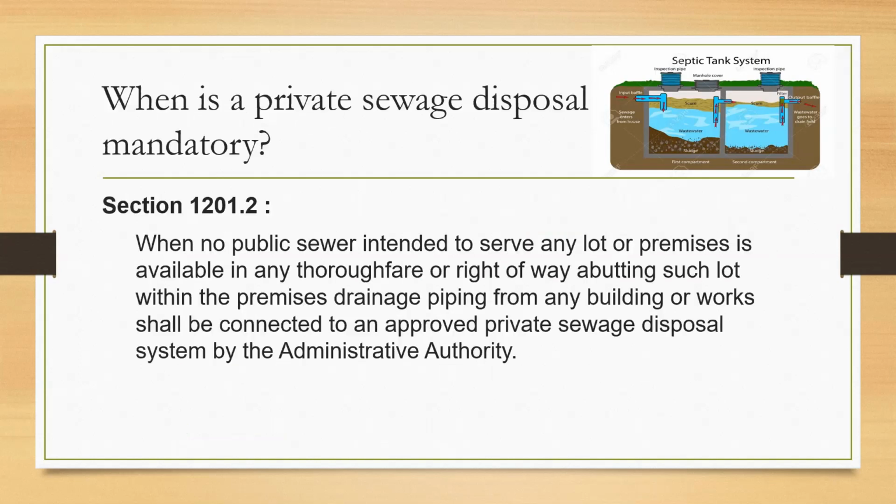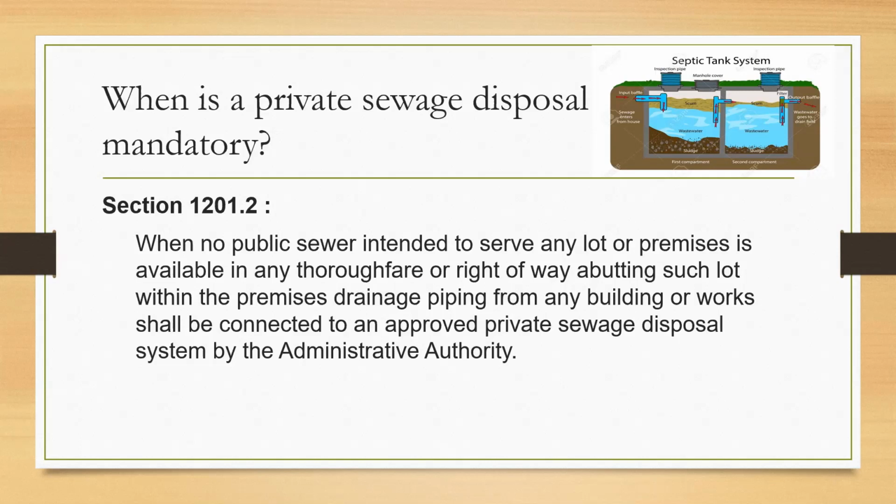When is a private sewage disposal mandatory? So, based from Section 1201.2, RNPCP din po ito: when no public sewer intended to serve any lot or premises is available in any thoroughfare or right-of-way abutting such lot within the premises, drainage piping from any building or work shall be connected to an approved private sewage disposal system.